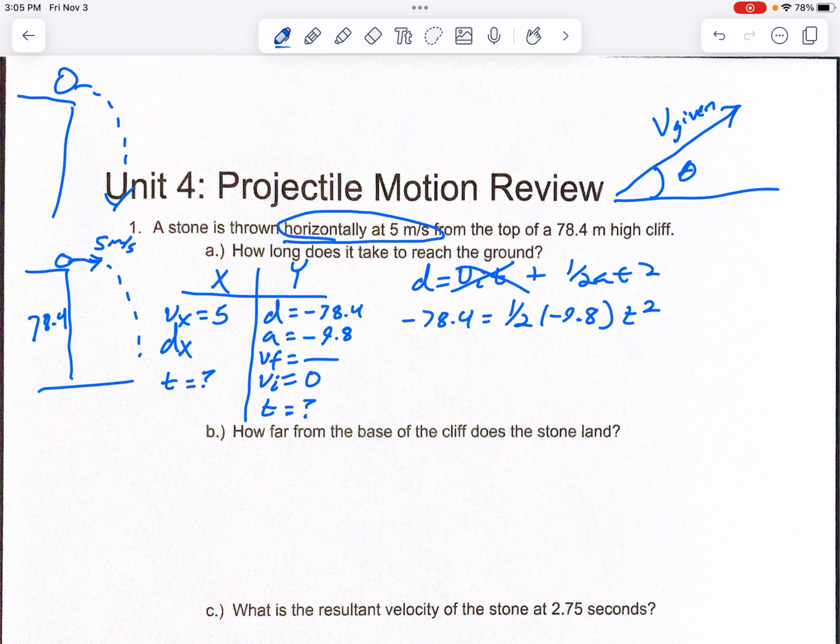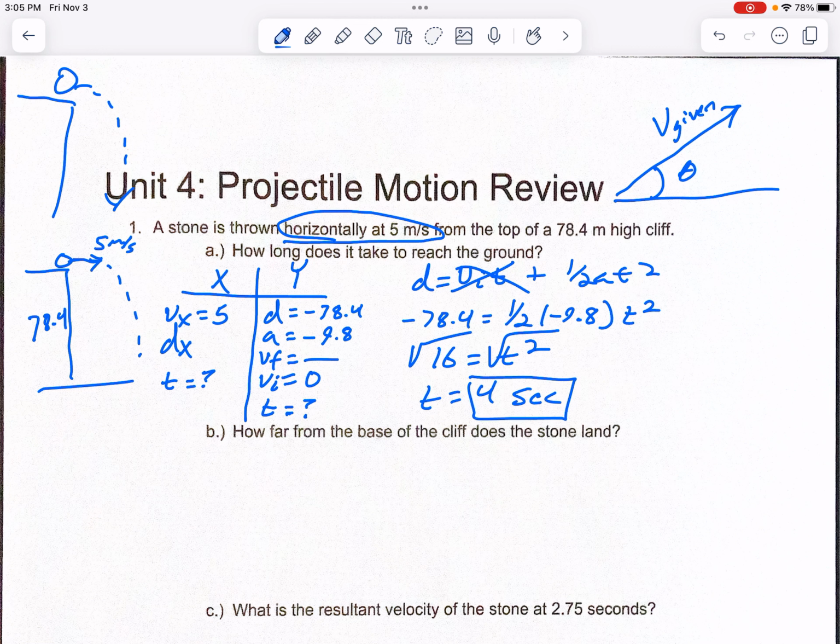I would divide both sides by 1/2 times negative 9.8, which is negative 4.9, and you get 16 equals T squared. Do not forget that square. I've seen a lot of students where that square just miraculously disappears in that step. Don't forget it, because I have to square root both sides to get rid of it. So it takes 4 seconds for that stone to hit the ground.